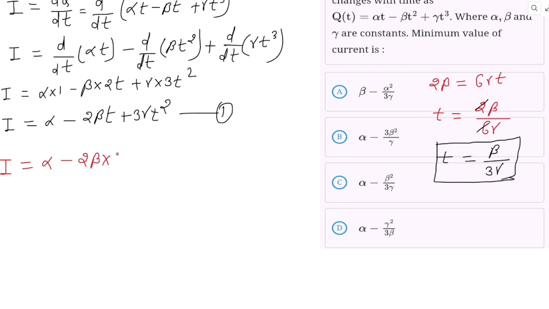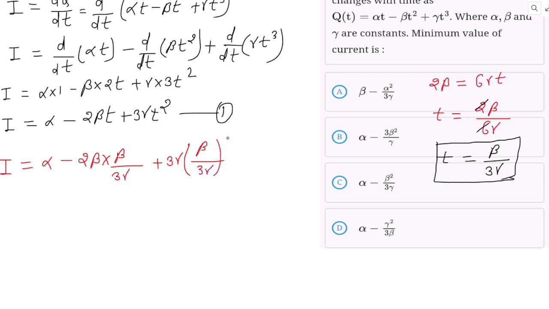And what is t? Beta divided by 3 gamma, this is the value of t, plus 3 gamma, and what is the value of t square? So t square is beta divided by 3 gamma whole square.